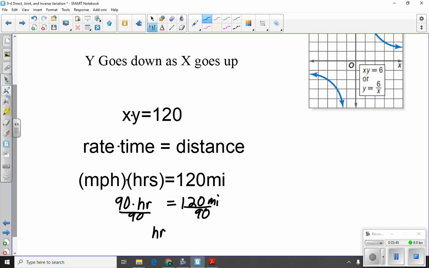And how many hours will it take? It'll take about 1.5 hours. So just another way to think about this. You're only saving a half hour if you excessively speed. Kind of interesting.